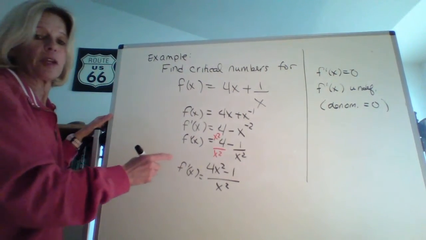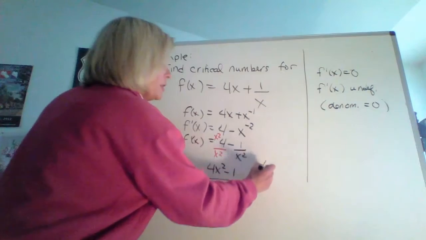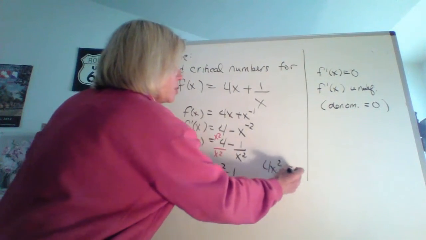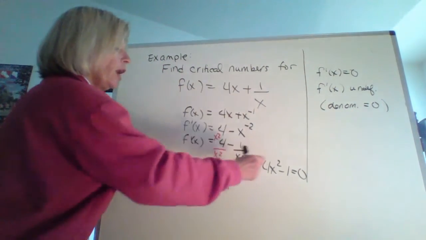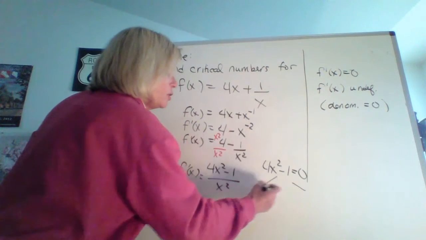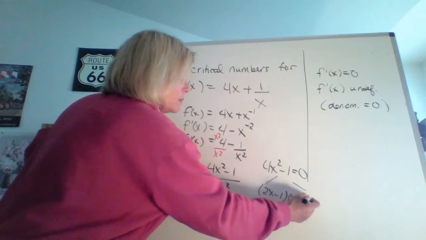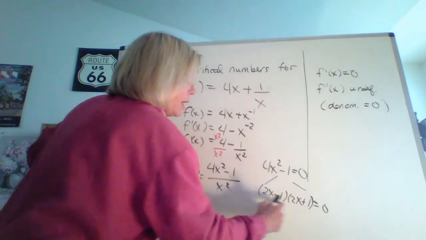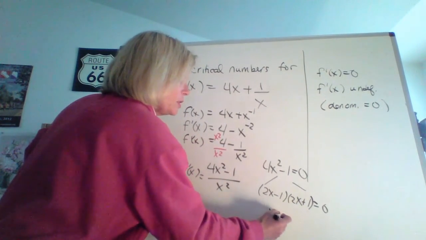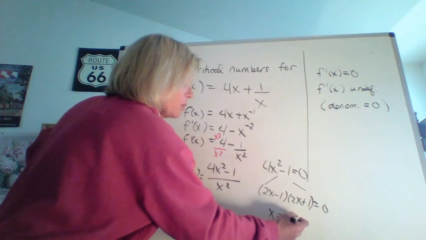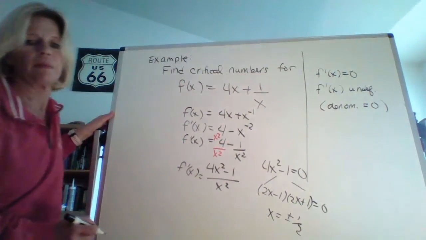So to look for my critical numbers, I set 4x squared minus 1 equal to 0. I've got two potential ways to do this. I can factor and set each factor equal to 0, and I get x as plus or minus 1/2.